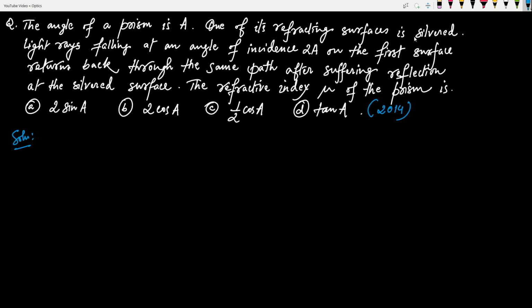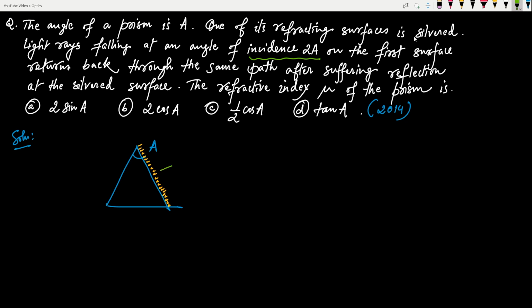It says that a prism having angle of prism capital A, one of its refracting surfaces is silvered. So suppose this side is silvered, that is, this surface will act as a plane mirror. Now it says that light rays fall at an angle of incidence 2A on the first surface and return back through the same path after reflection at the silvered surface.